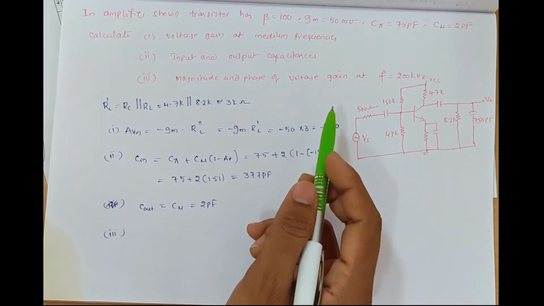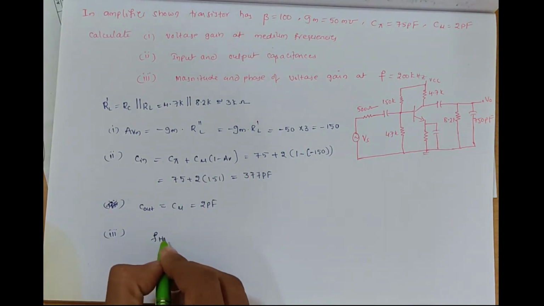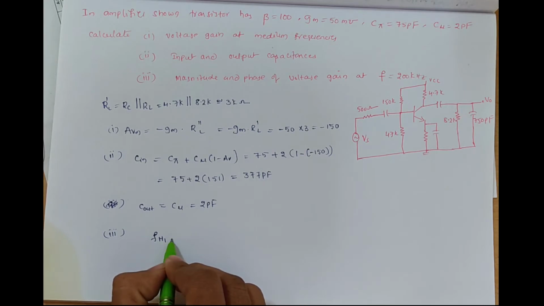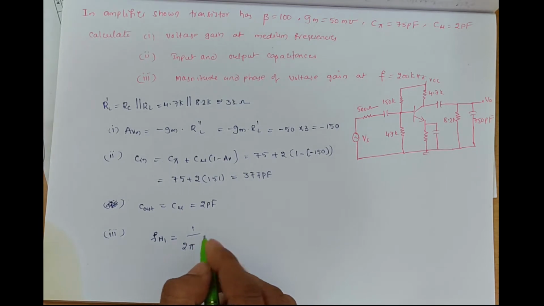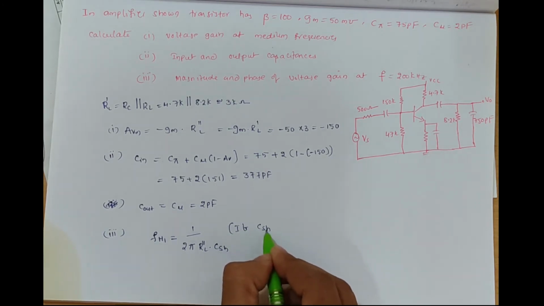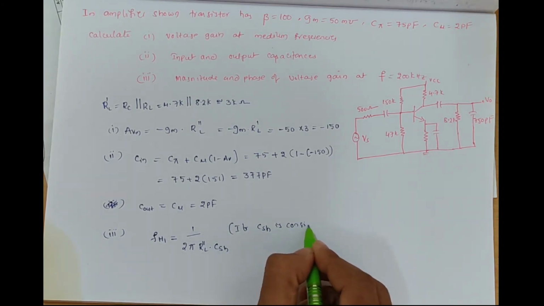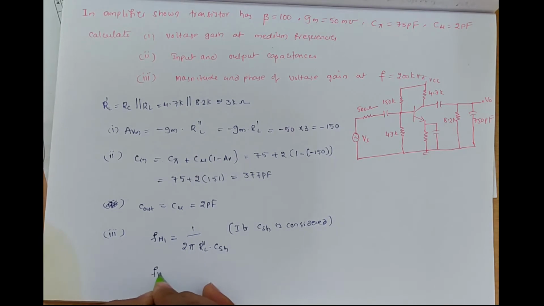From this we can write fH1, by considering C sh, fH1 equals 1 by 2 pi R double dash L into C sh. If C sh is considered, that means the load is the shunt capacitance, so fH1 equals 1 by 2 pi R double dash L, which equals R dash L.